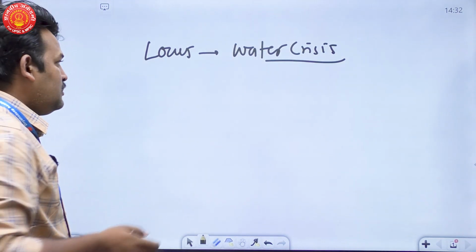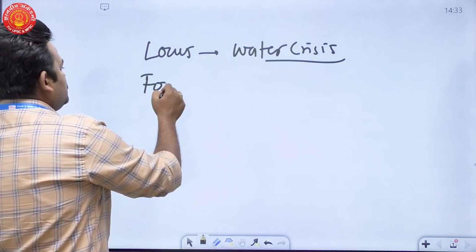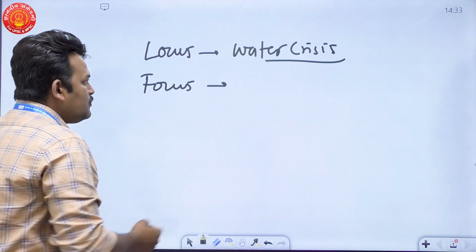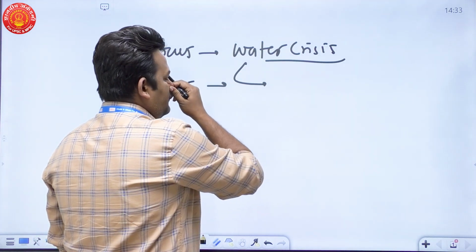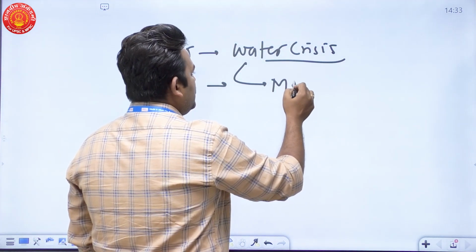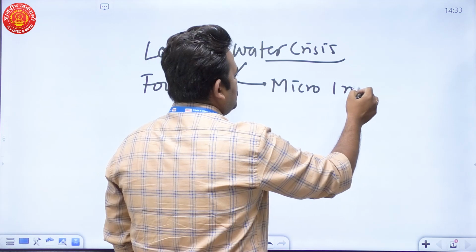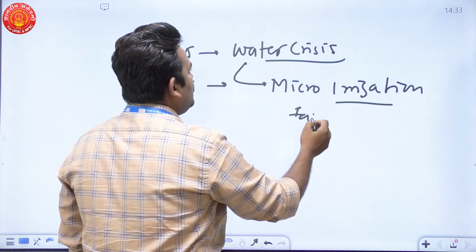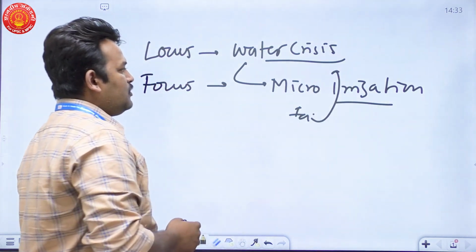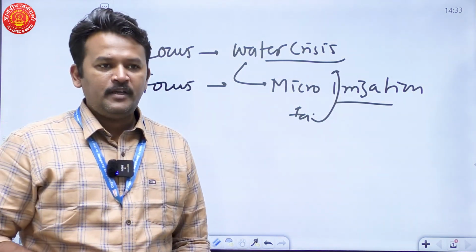The focus of the question is how micro irrigation facilities will help solve this water crisis in India.